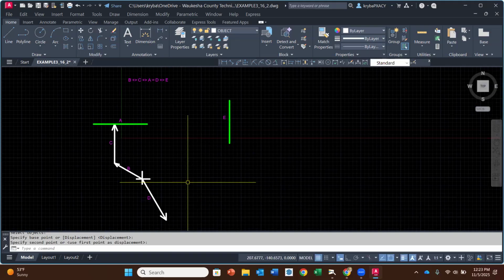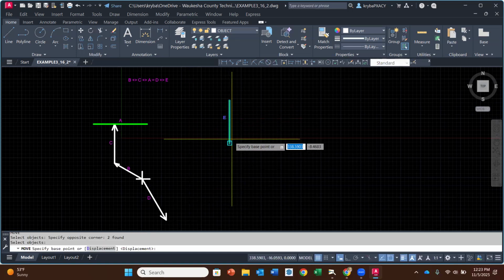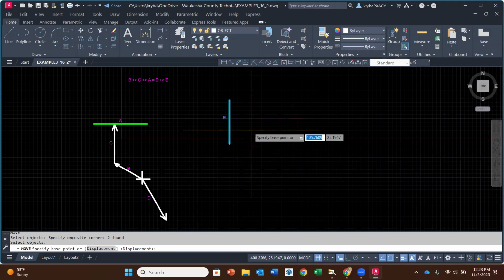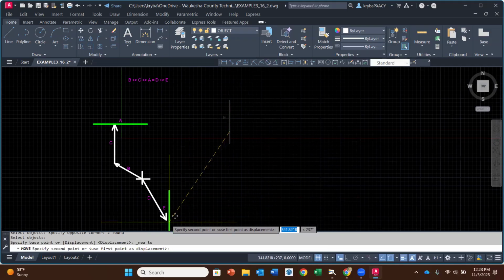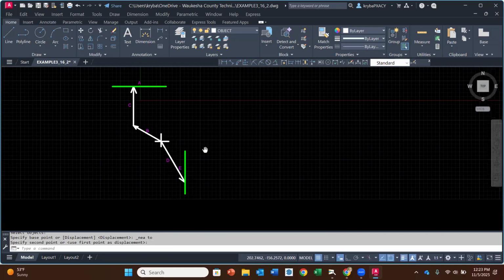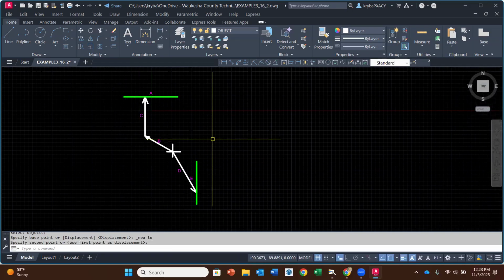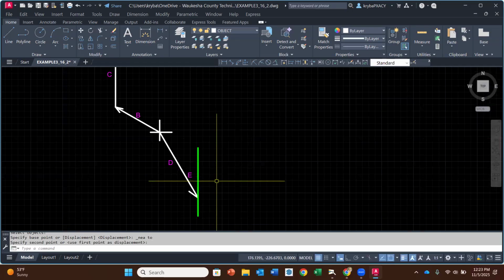Then I'm going to move E to the endpoint. Again, I'll do nearest somewhere along that length, and at the end point of D is where we are going to place E. I am going to move E on this side here.